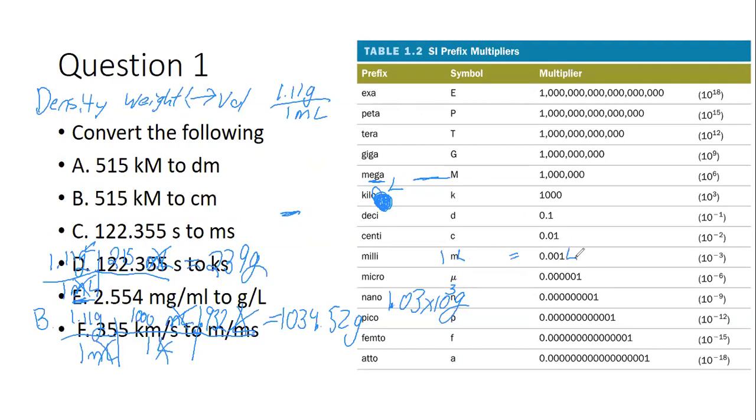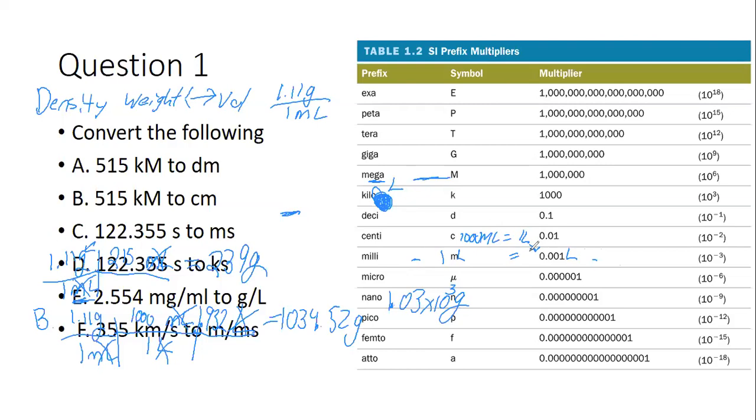Another way to say that is, if I multiply each side by 1,000, you get 1,000 milliliters equals 1 liter. I just know in the back of my head, it's burned in that 1,000 milliliters is 1 liter. You could also say 1 milliliter is 0.001 liter. But yeah, it's using this table.